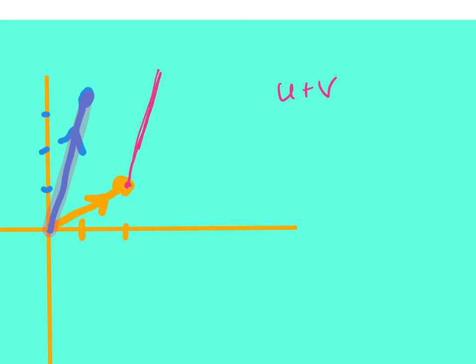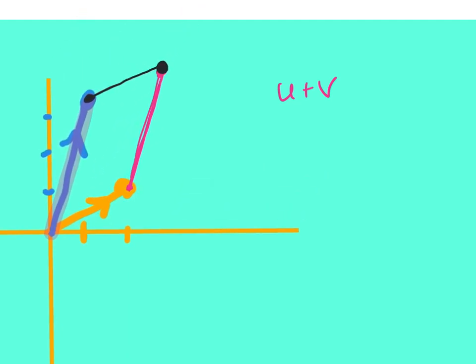I want to draw it up about the same length as the blue and parallel to the blue. Then I want to do the same thing off the end of the blue. I want it to be parallel to the orange and about the same length as the orange. If I've done it correctly, it should intersect the other one. And the point where they meet is the terminal point of their sum.